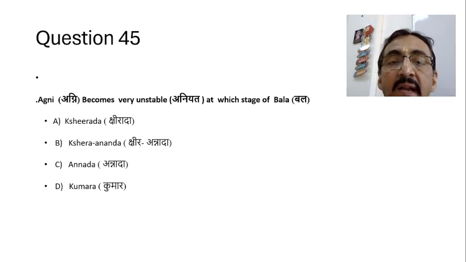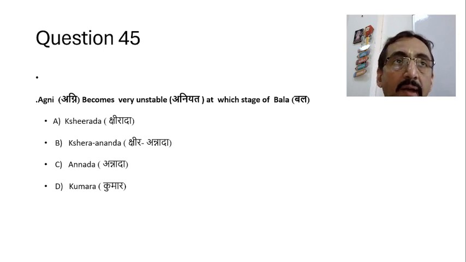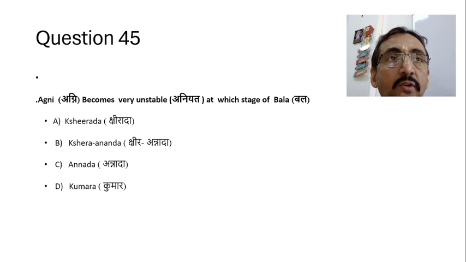Agni becomes very unstable at which stage of the bala? Is it in the Kshirada Avastha, the Kshira Annada Avastha, or Kumara Avastha? Agni, or digestive power or metabolism, is very, very unstable. Sometimes the metabolism is good, sometimes it is not so good.